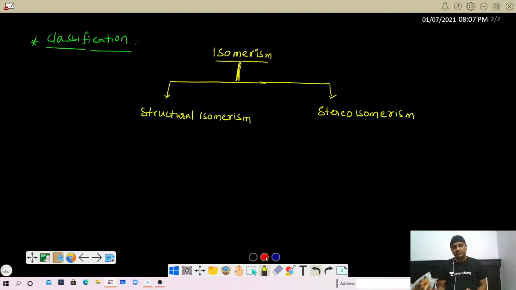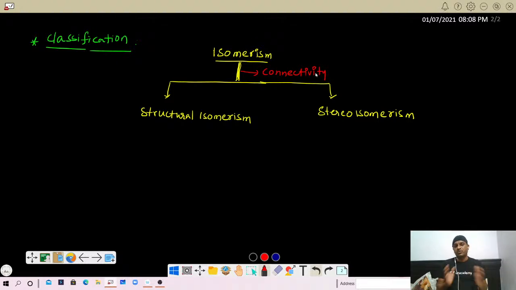On what basis are we going to classify? Connectivity of atoms, because atoms are connected through covalent bonds in the compound. Organic compounds are covalent compounds, so there are covalent bonds present between atoms.